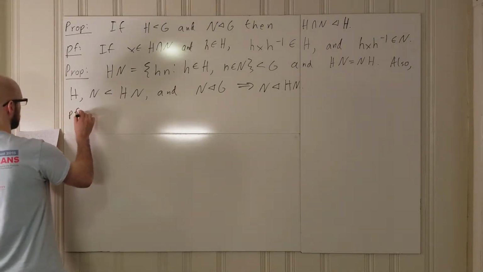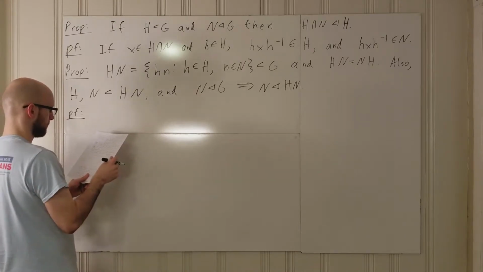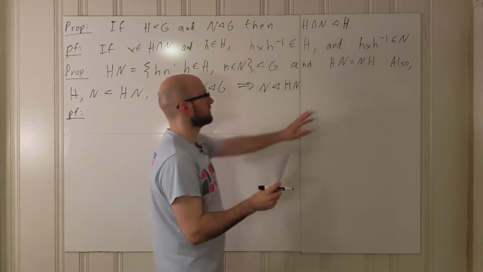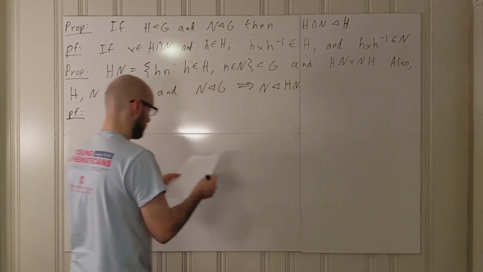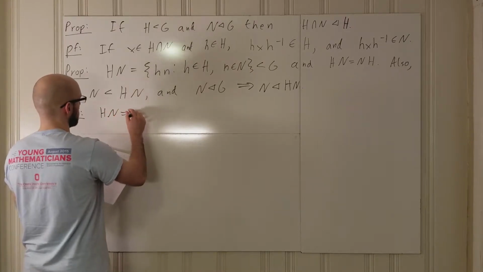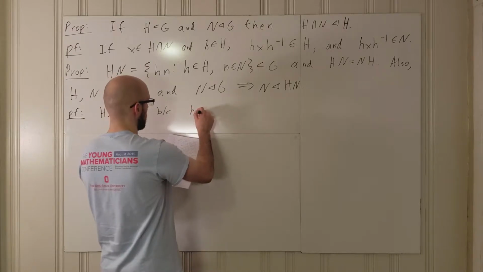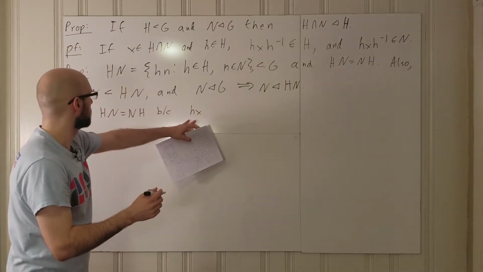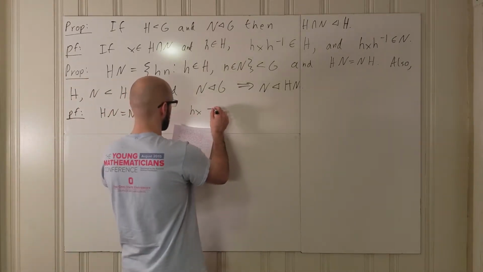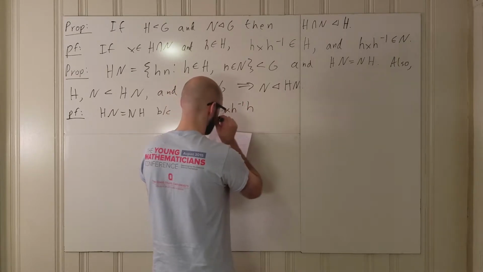So proof. Let's start with this, HN equals NH. HN equals NH because if we take an element h x, where h is in H and x is in N, then we can write this as h x h inverse h.